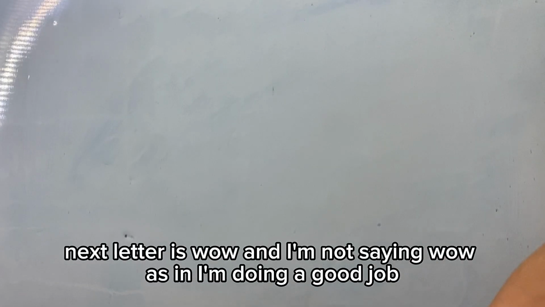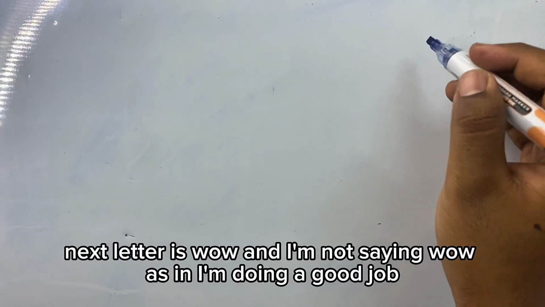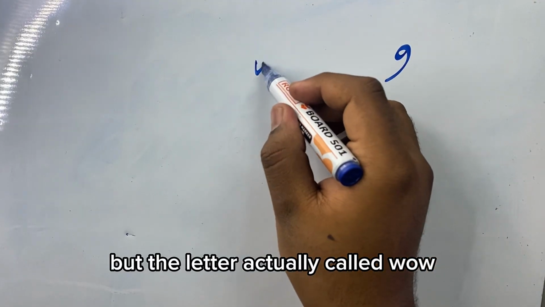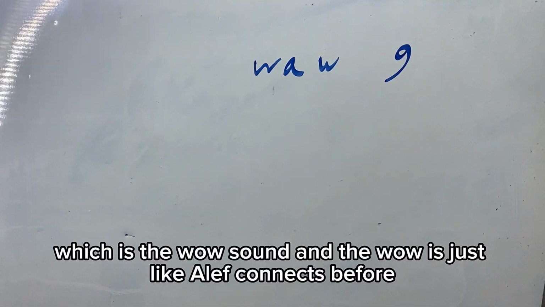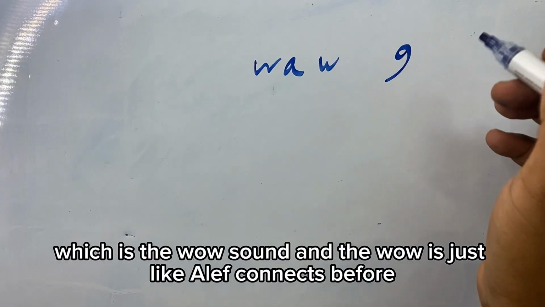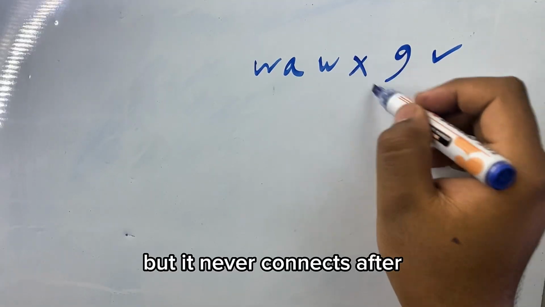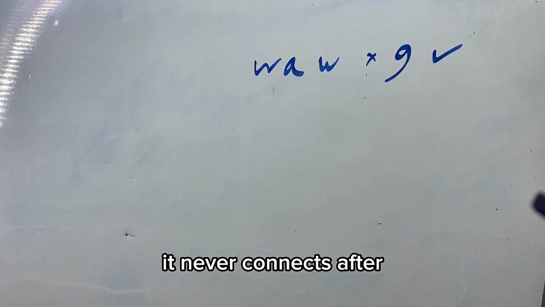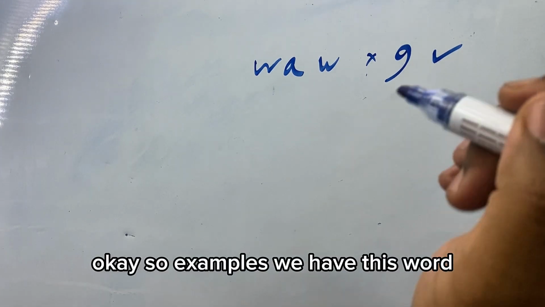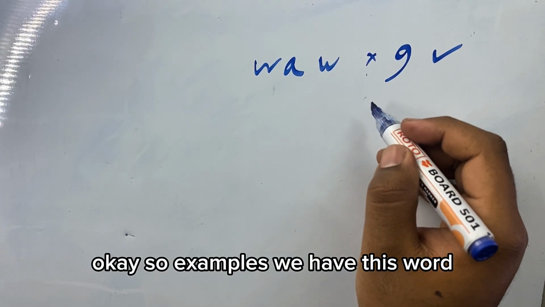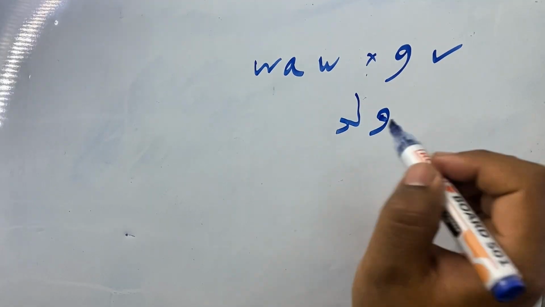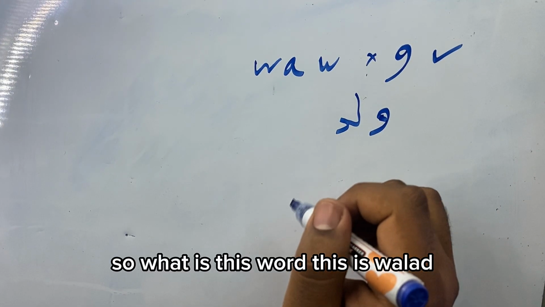Next letter is waw. And I'm not saying wow as in I'm doing a good job, but the letter actually called waw, which is the wa sound. The waw is just like alif, it connects before, but it never connects after. So for example, we have this word.